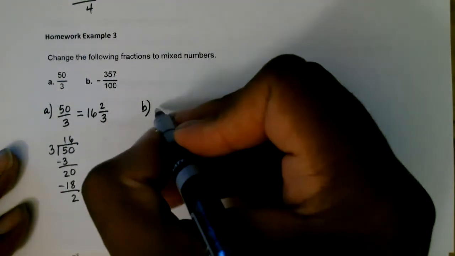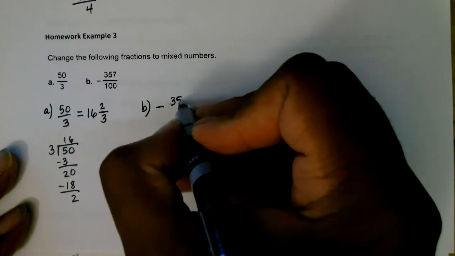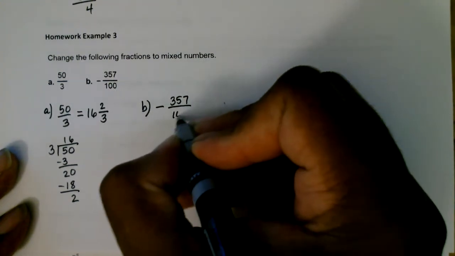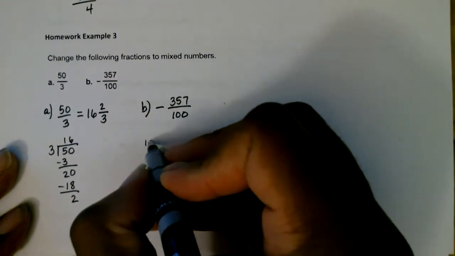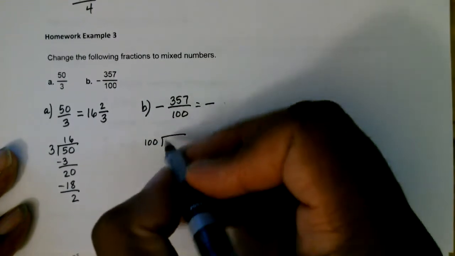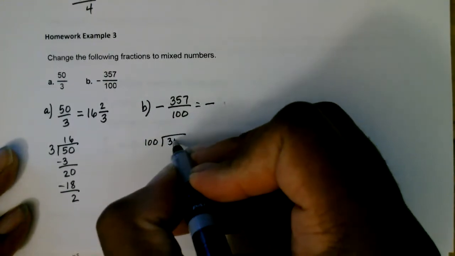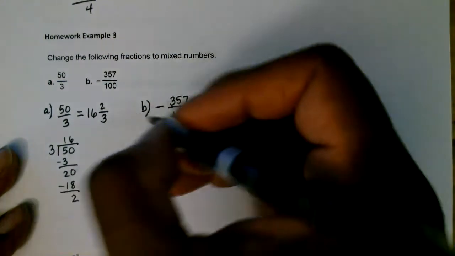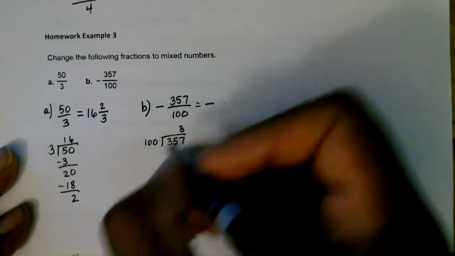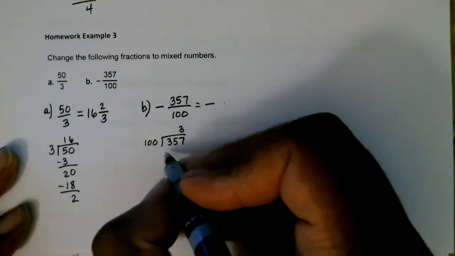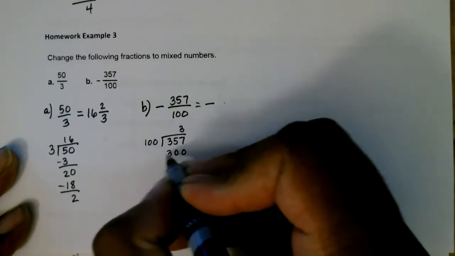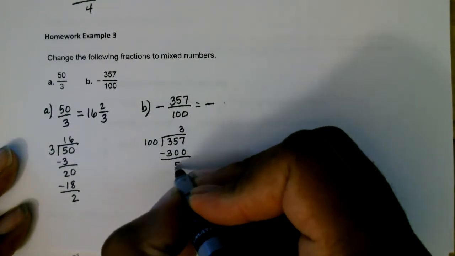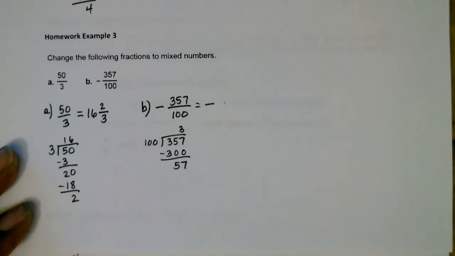And then part B, negative 357 over 100. And we know it's going to be negative. So here, I'm going to divide 100 into 357. Well, 100 into 357 will go 3 times. 3 times 100 is 300. 300 from 357 will leave us 57.